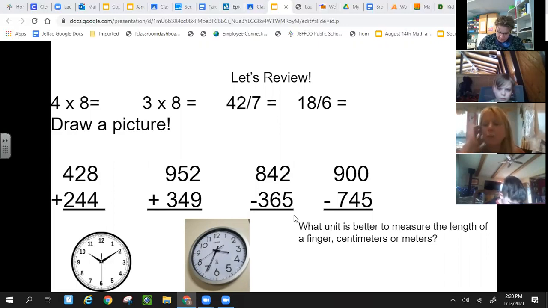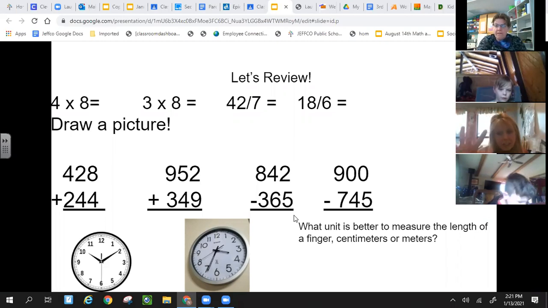What's the first problem on our screen? Can you read it for me? 4 times 8. Is there a 1 in that problem? No. What's the first number you just said? That's our first factor. Remember, factors are numbers we multiply, and the product is your answer. What's the first factor, Jensen? 4. So how many circles are we going to draw if we have 4 groups?